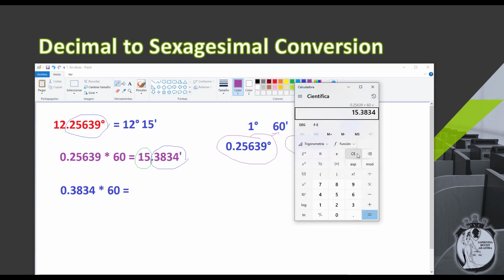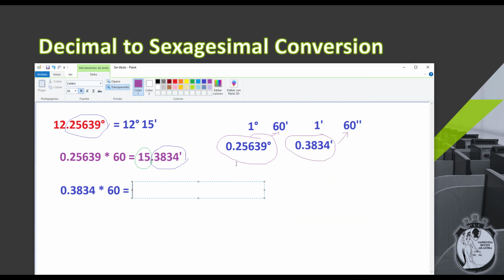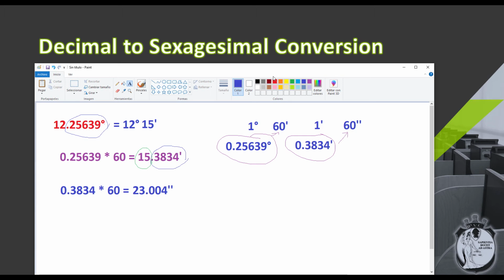So again, 0.3834 multiplied by 60, okay, 23.004. Doing that, 0.004 seconds. Again you will only get the number to here.